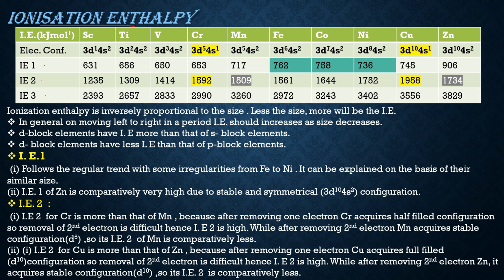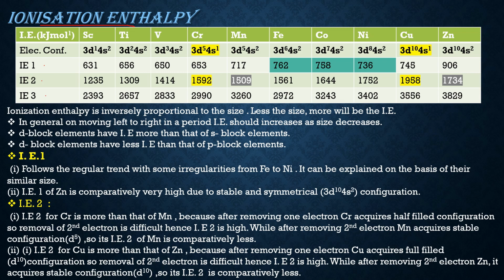Because after removing one electron, the atom is converted into a positively charged ion, and it is very difficult to remove an electron from a positively charged ion because its size decreases and the number of protons is more compared to the number of electrons, so the removal of the second electron is difficult. Similarly, the removal of the third electron is much more difficult than the second one. That is why the third ionization enthalpy is greatest.